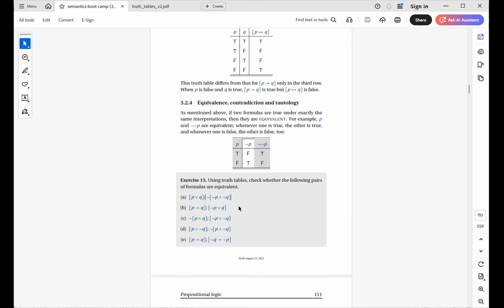Okay. Let's look at B. P to Q, negation of P or Q. What do you say? Equivalent or not?